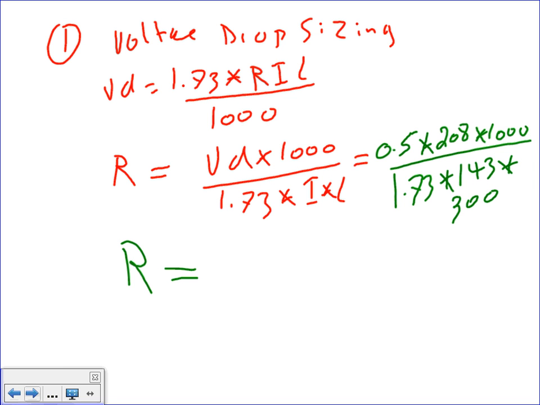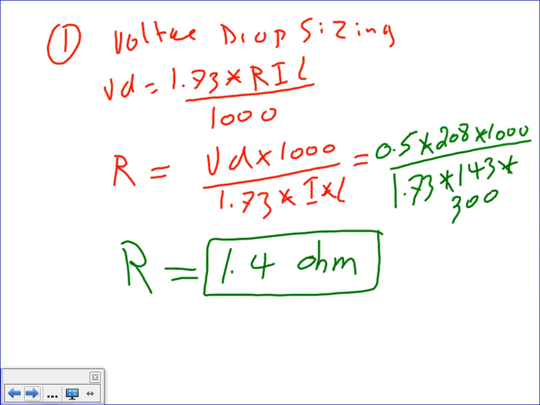And I need two gentlemen or two ladies, a lady and a gentleman to agree. How much? 1.4. 1.4 stands until I hear from another lady or a gentleman. Okay, 1.4 stands. What's ohm? 1.4 ohm. Now, what does that mean?